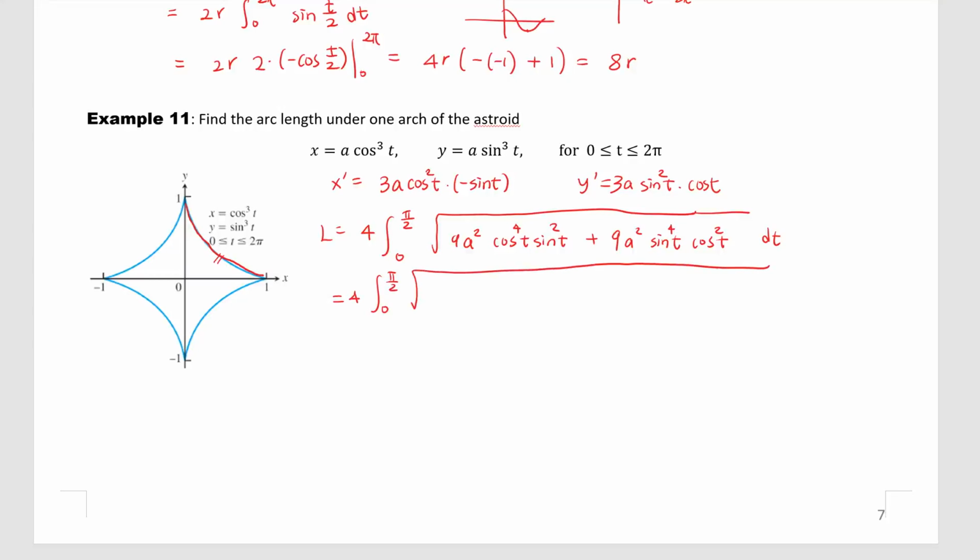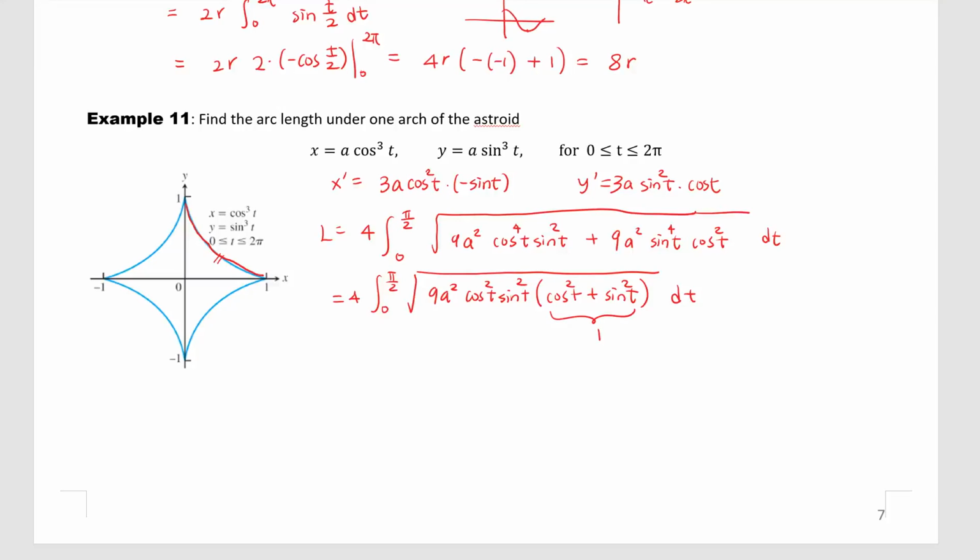What is the common factor? Well, that is 9a squared cosine squared sine squared. And what's left? Here we have cosine squared. Here we have the sine squared left. Oh, what happened? This guy is 1.